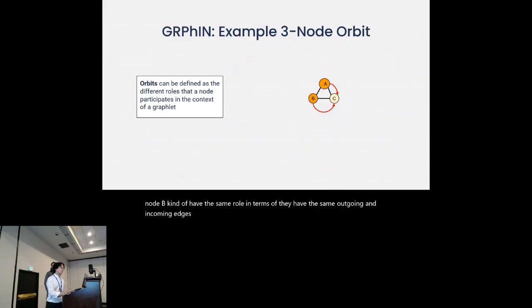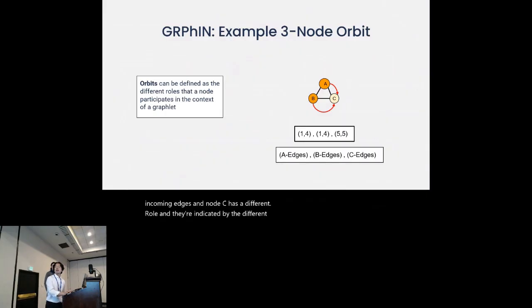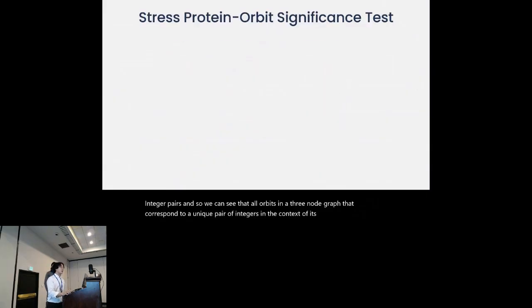And node C has a different role, and they're indicated by the different colors. But if we look at the previous definition of how we characterize a 3-node graphlet, we can see that node A and node B actually have the same integer pairs. And so we can see that all orbits in a 3-node graphlet correspond to a unique pair of integers in the context of its graphlet.